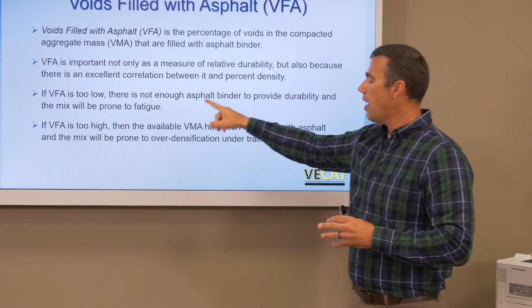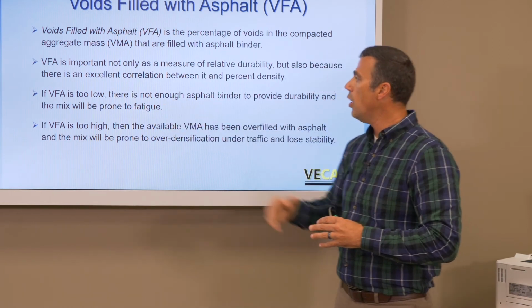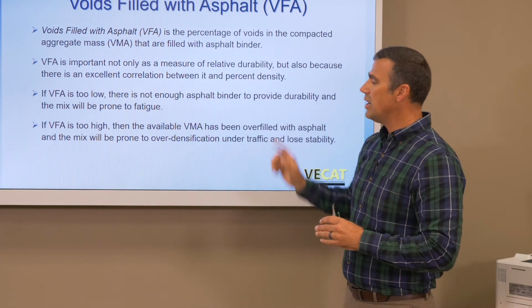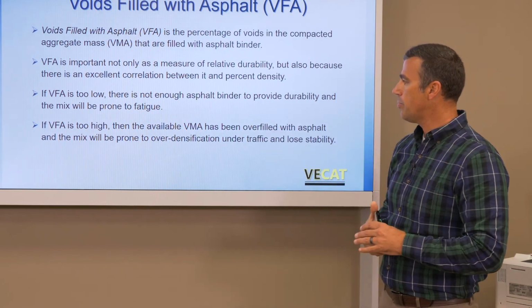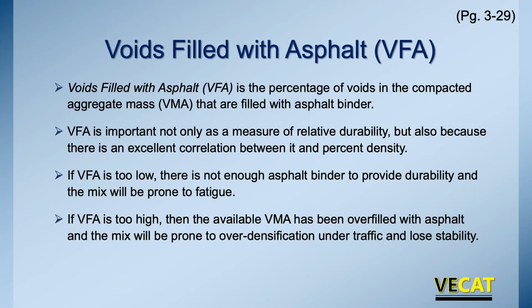If our VFA is too low, then that means that there's not enough asphalt binder to provide durability, and the mix will be prone to fatigue or early age durability problems. On the other side of the spectrum, if the VFA is too high, then the available VMA has been overfilled with asphalt.